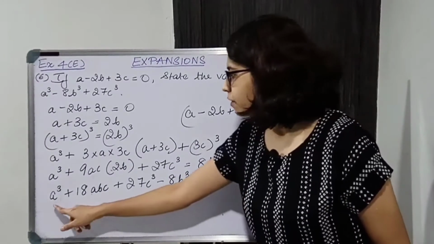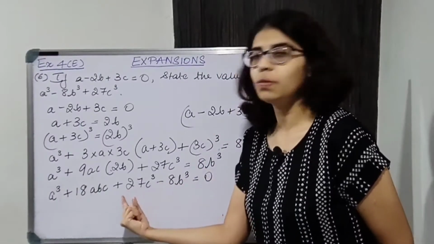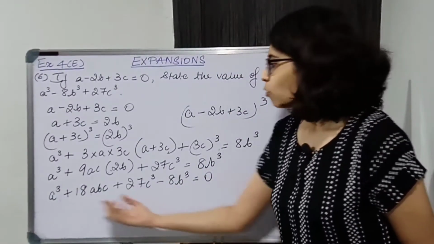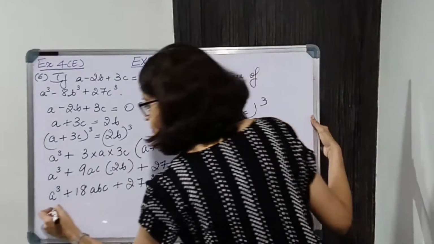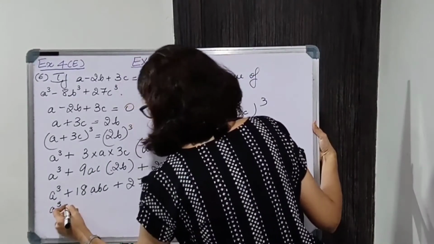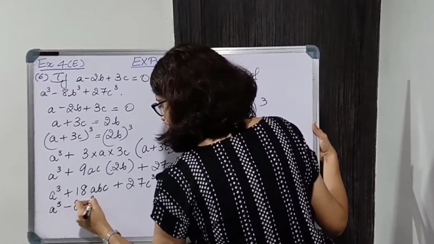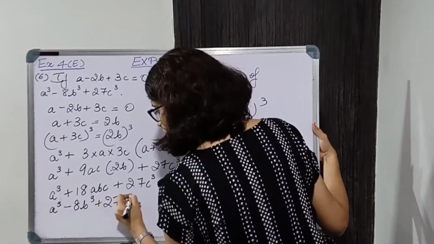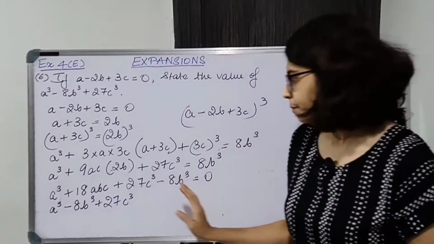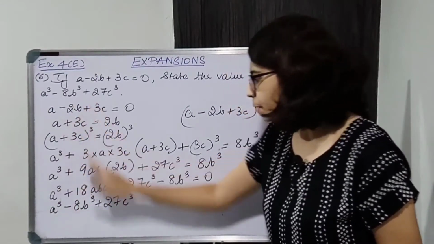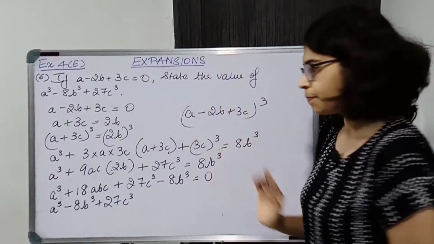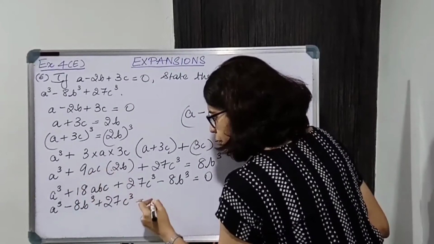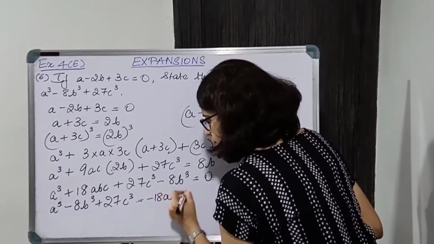Now I have to find the value of a cube minus 8b cube plus 27c cube. So I want only this in LHS, I'll shift this in RHS. So a cube minus 8b cube, I'm just rearranging the terms, okay, just rearranging. So a cube minus 8b cube plus 27c cube, I'm just rearranging according to the question, is equal to, I'll shift this, so minus 18abc.